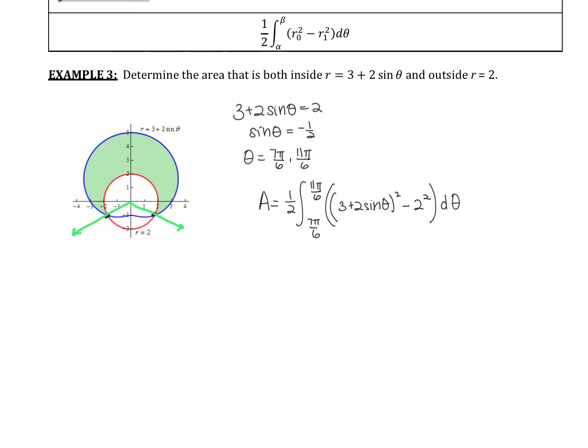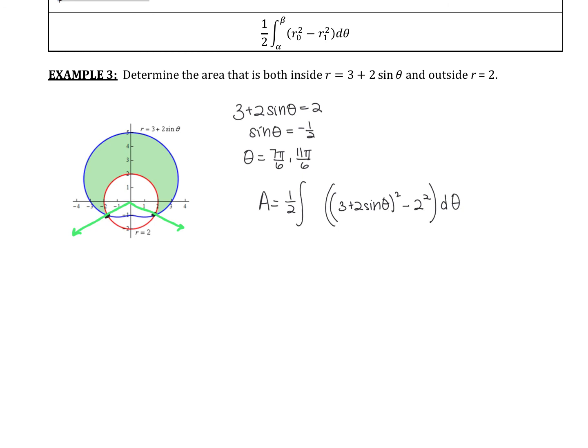If I did it this way, I would be finding the area that's between these two angles over here. And that's not what I want. I want to start here and find all of these areas that are enclosed. So I'm going to change my bounds of integration because I don't want 7 pi over 6 and 11 pi over 6.